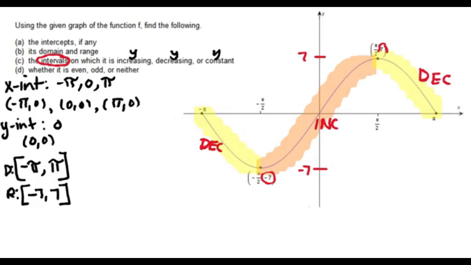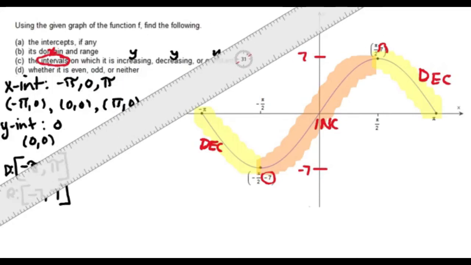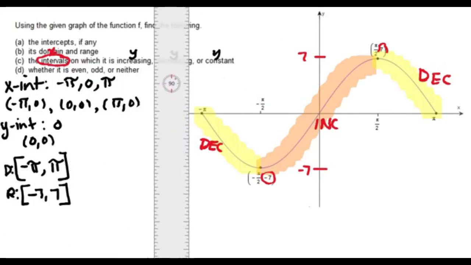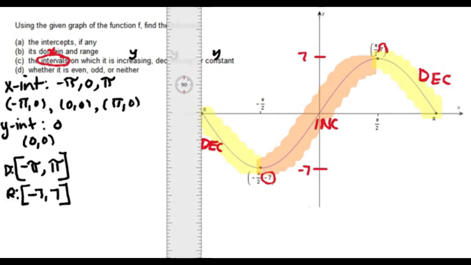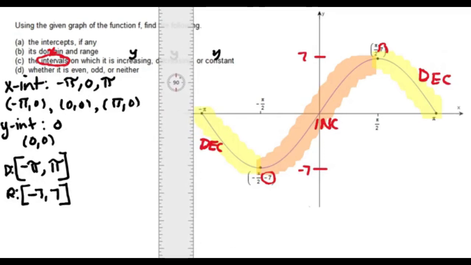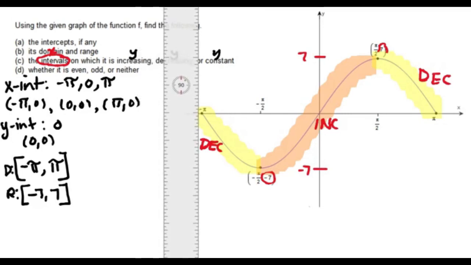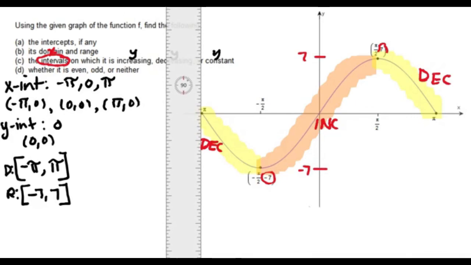So now that I have it labeled, I'm going to pay attention to the intervals where the function is increasing, decreasing, or constant. Now these intervals are x intervals. So I'm going to bring out my ruler again, and since I'm looking for x intervals, I'm going to hold this ruler vertically, and I'm going to pay attention to this decreasing section. I notice that the first time my ruler hits this decreasing section is here.